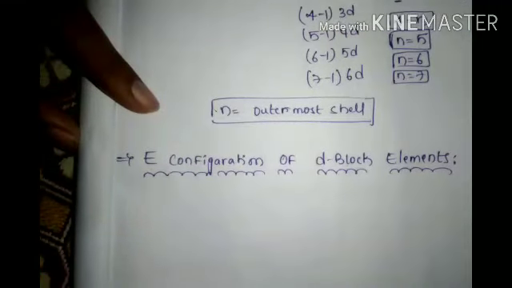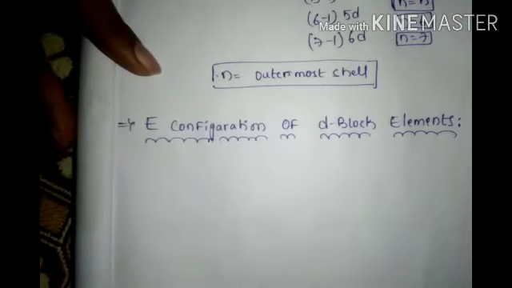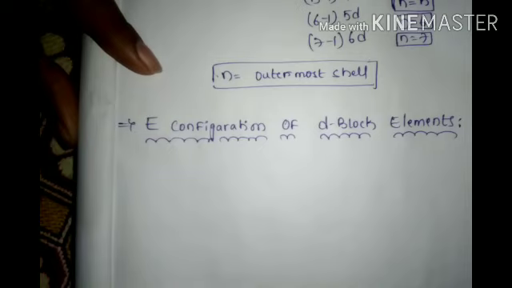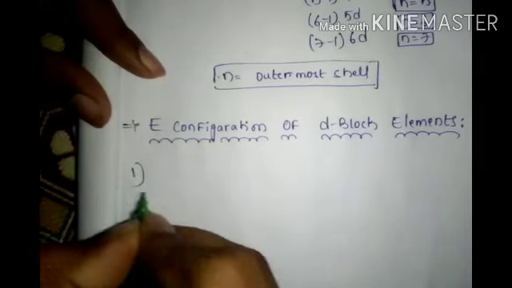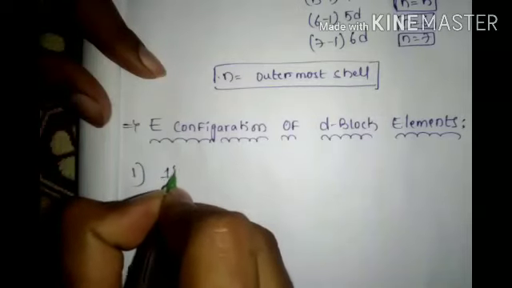Very important. One by one we'll go. First transition elements. These many names are there. Now put number 1.